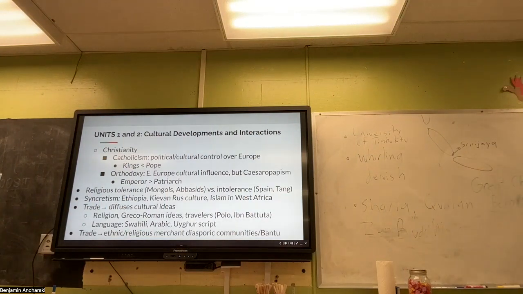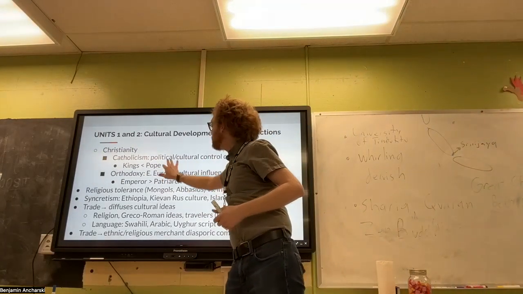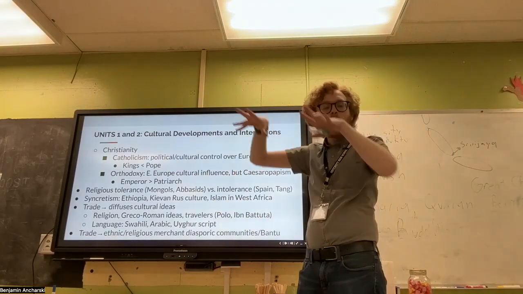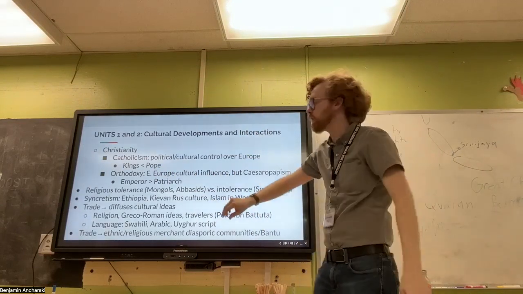But the reason I'm mentioning this specific thing, that popes tend to have more political power than the king, is that it's one of the explanations for political decentralization in Western Europe. In Eastern Europe, it's the exact opposite. While Orthodox Christianity does influence culture, politically, the Orthodox Church is under the control of the secular government.